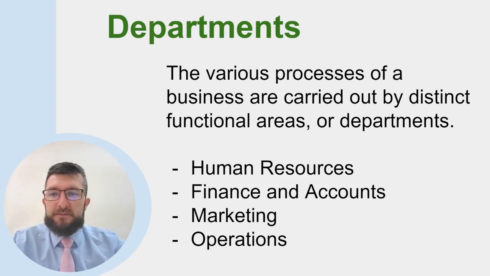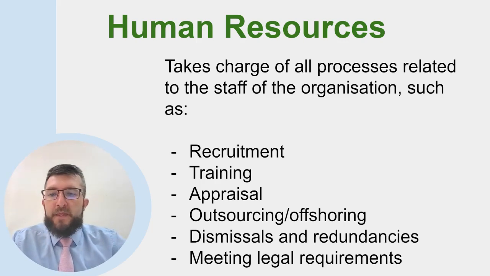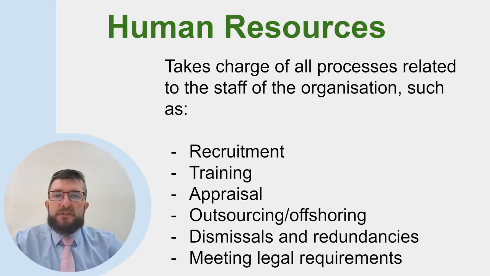Let's get straight into it, and we're going to look at each in turn before talking about the relationship between these departments. First of all, we have human resources, and the human resource department takes charge of all processes related to the staff of the business or organization.